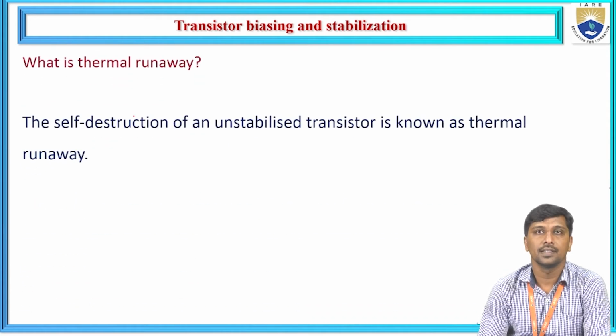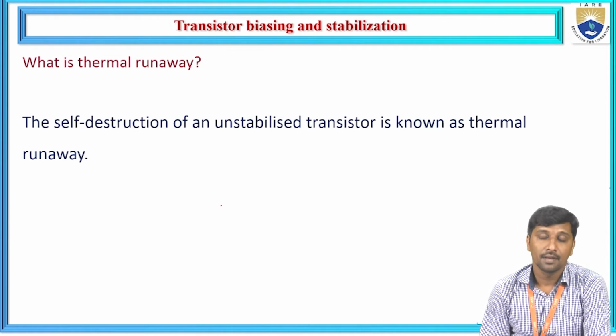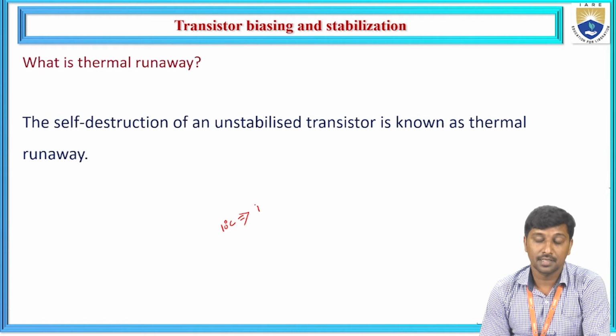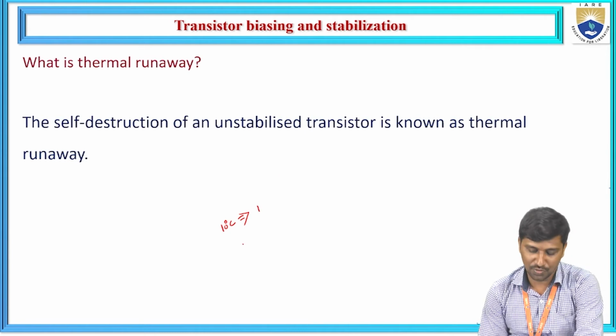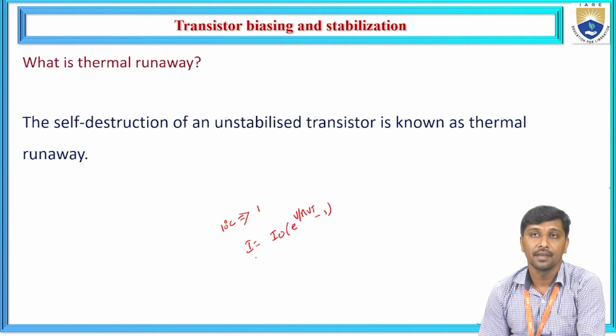Now, what is thermal runaway? Due to temperature, we know that for every 10 degrees centigrade, the reverse saturation current changes. In the diode current equation, I = I0 (e^(V/ηVt) − 1).